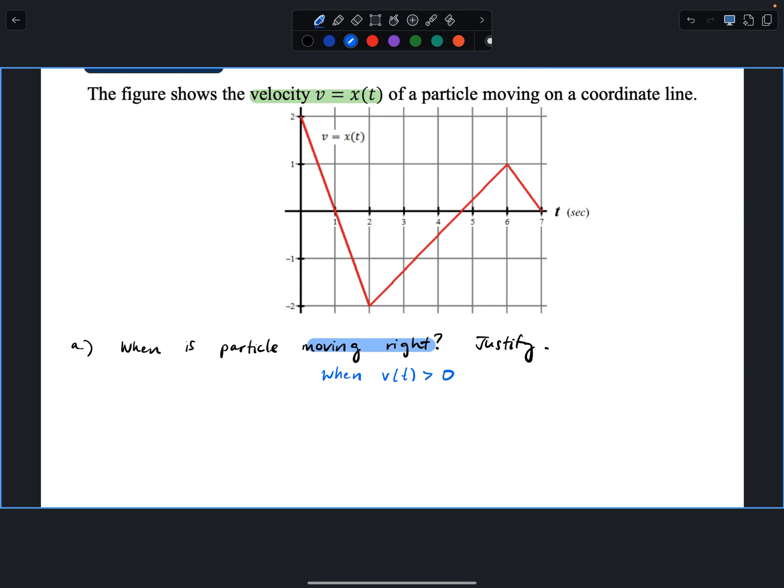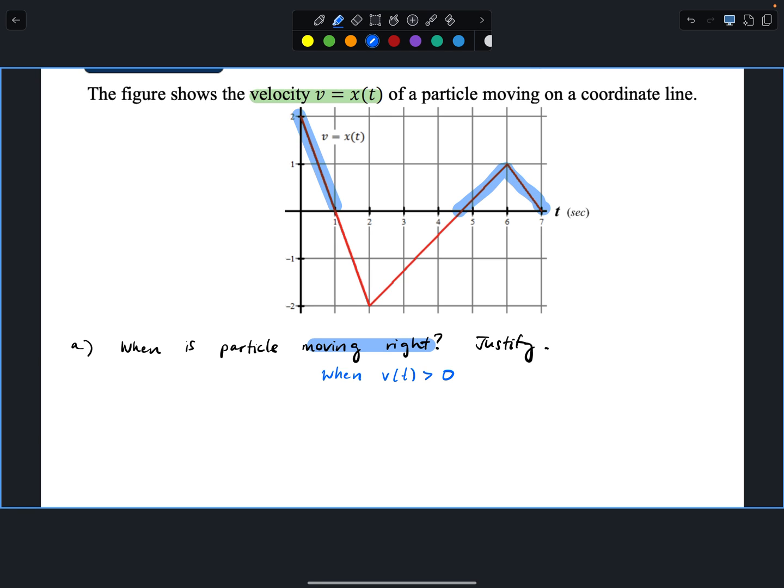Does that make sense? So what you're looking at is where is this graph positive? Where is this graph above the x-axis? That's what it's asking you. So do you guys agree the graph is above the x-axis right there? And the graph is above the x-axis right there.